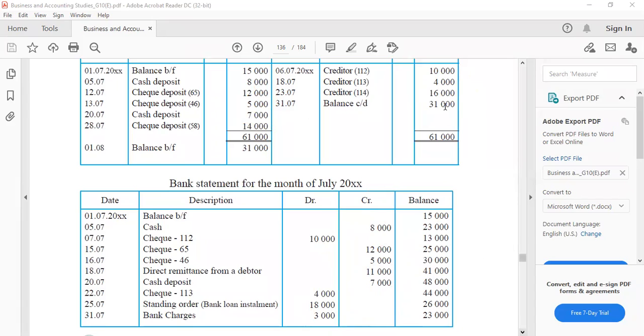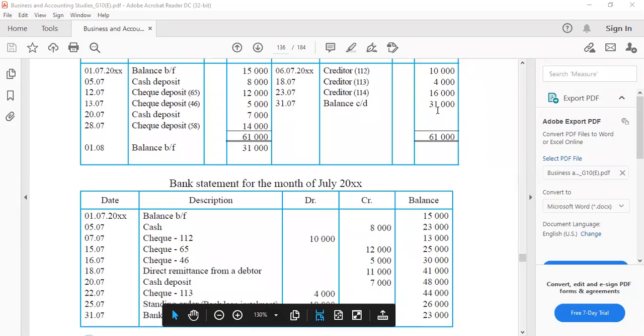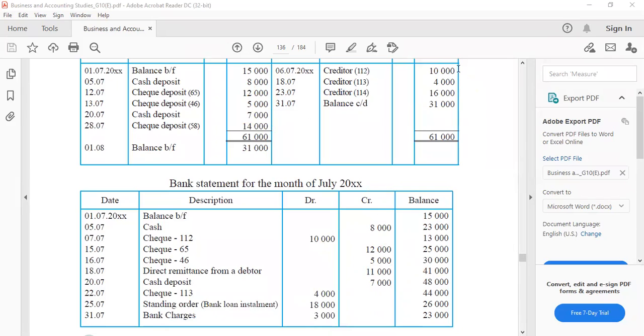Here you have a balance of 31,000. For that we are not doing anything. We use this balance 31,000 when we prepare the adjusted cash or bank account. We must start with this 31,000. So it's like a flow.